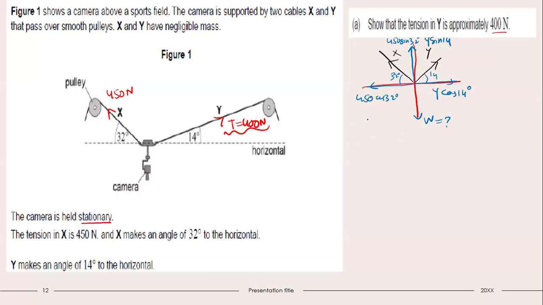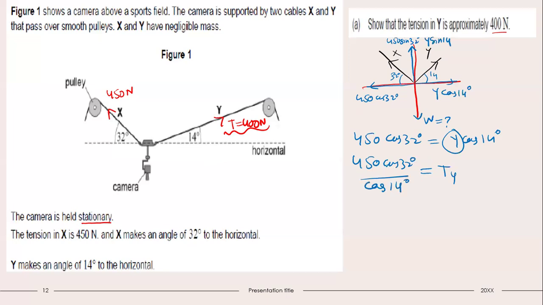As it is at rest, the horizontal components are equal, so you can do 450 cos 32 equals Y cos 14. From here, you can find the tension in Y, that is 450 cos 32 over cos 14.